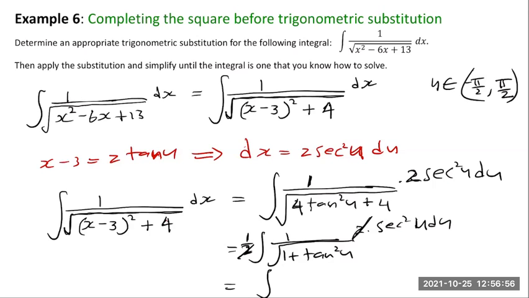So the square root of secant squared u is just secant u. Now notice that one of the secants will be cancelled, and you will be getting this particular integral, integration secant u du, and you know how to handle this integration.